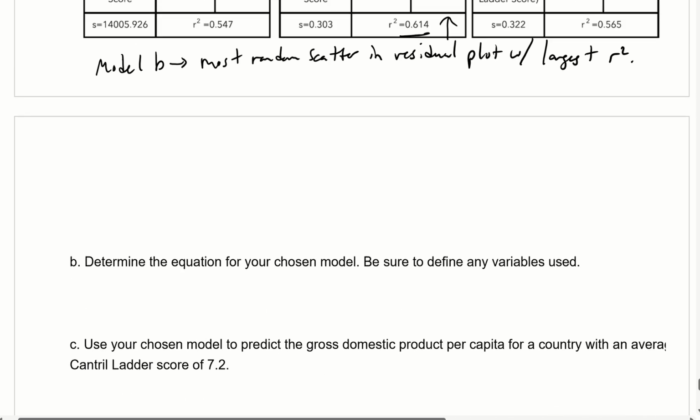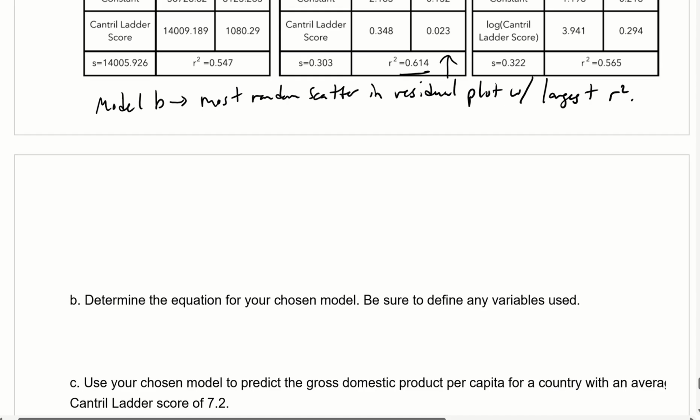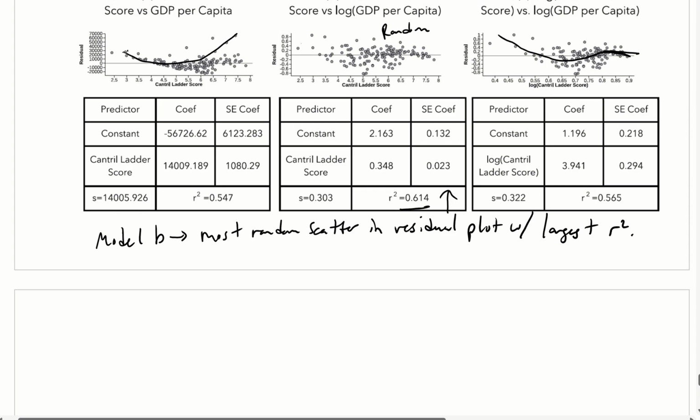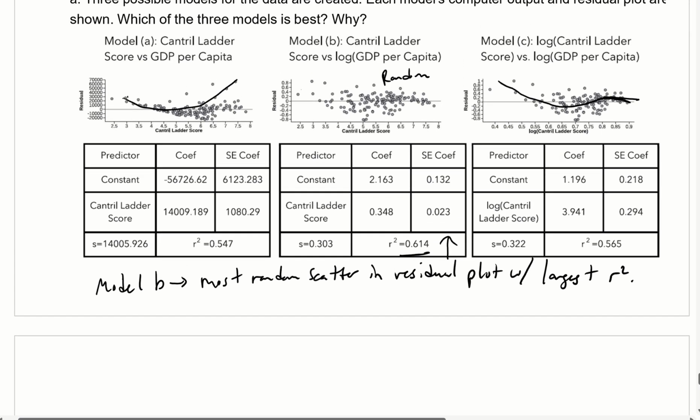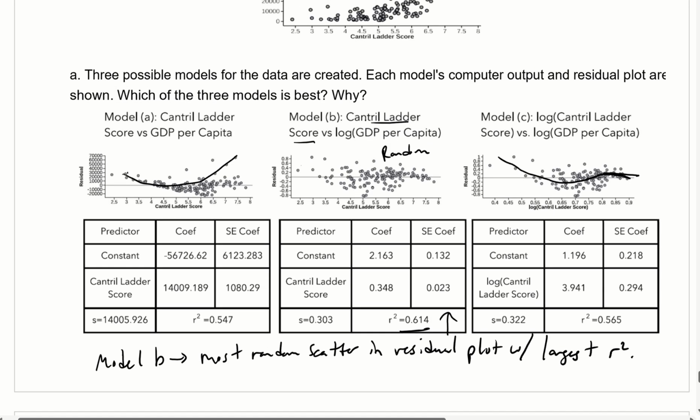Determine the equation of your chosen model. Be sure to define any variables used. Okay, so they're saying that they did the ladder score versus the log of the GDP per capita.